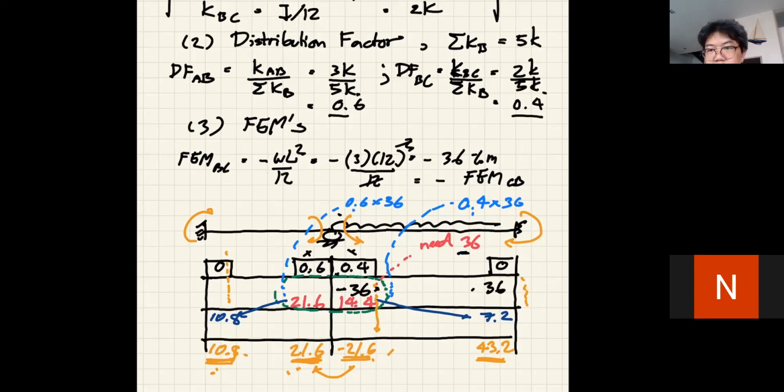And so 60% will come from member BA or AB, which means it's 21.6, which is equal to 0.6 multiplied by 36. And then 40% of the rest will come from member BC, which is equal to 0.4 multiplied by 36. So once you have 21.6 and 14.4, this is the moment on your member.